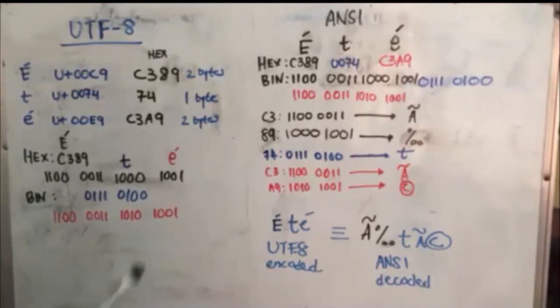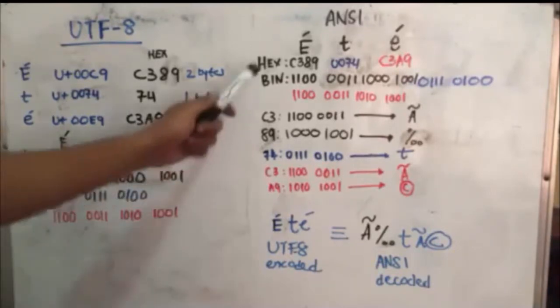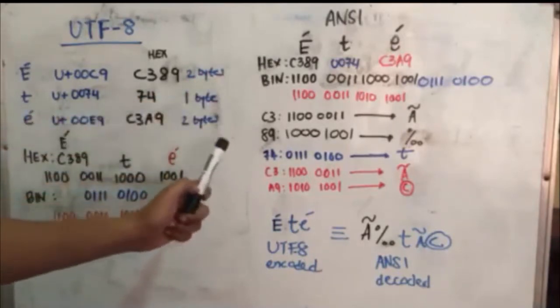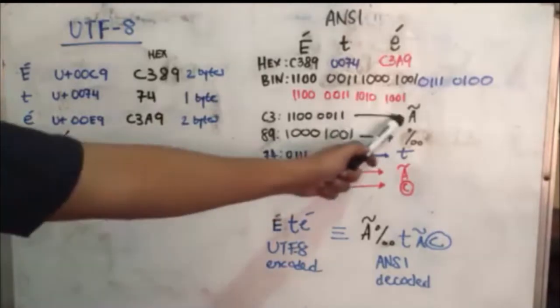Now, when ANSI is used to decode the bit sequence, the process is done based on the ANSI table or code page. ANSI has a character set that includes the standard ASCII characters plus extended characters and uses only a single byte. Therefore, if this bit sequence here is decoded under ANSI, the first byte will be translated to this character.